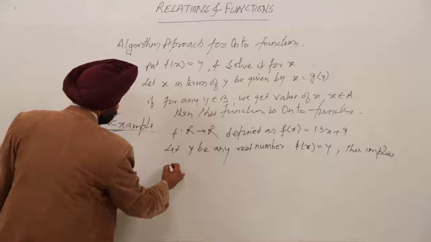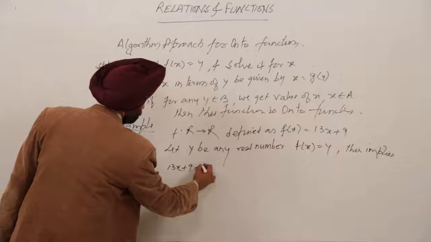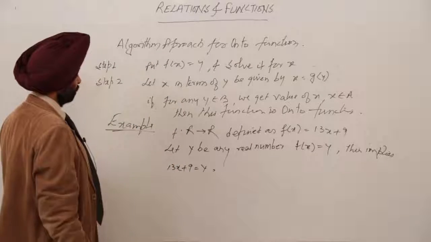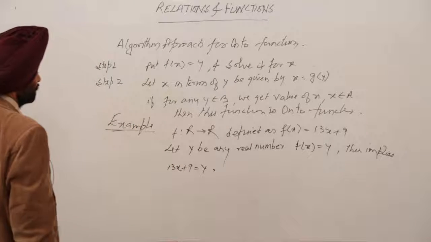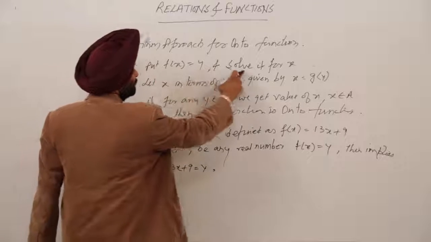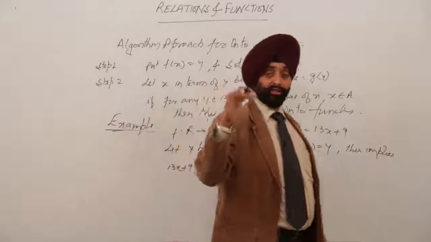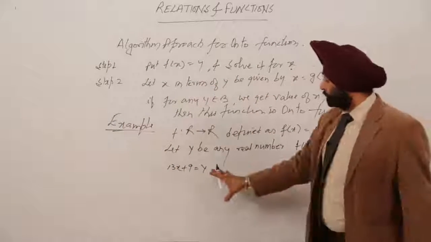This implies 13x plus 9 is equal to y. Now check what we have written: put f(x) equal to y and solve it for x. Now let's solve it. This is the basic part.